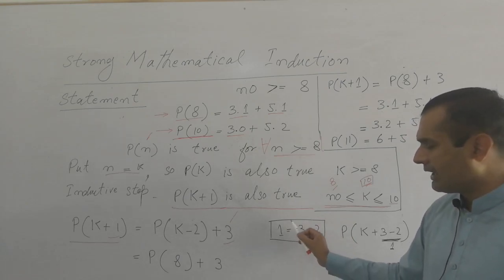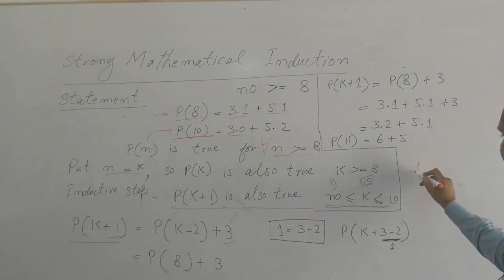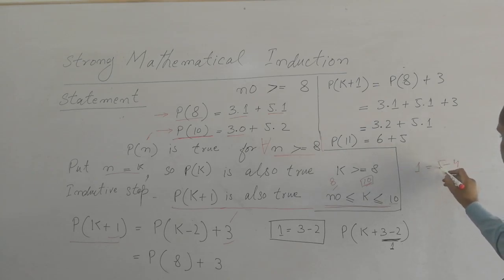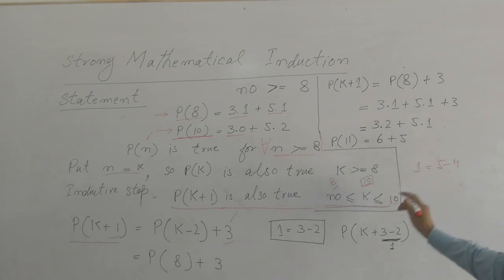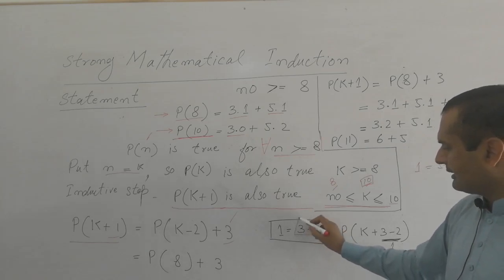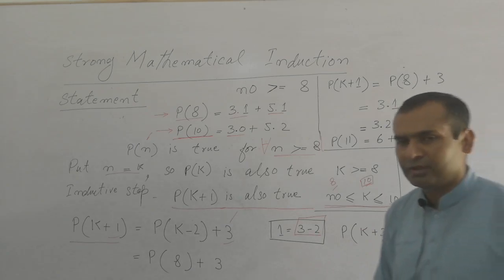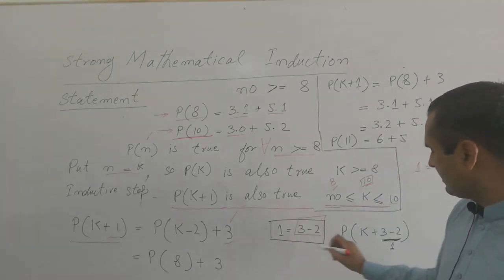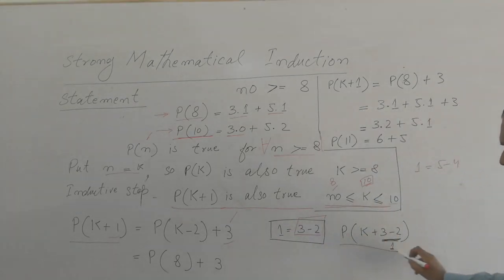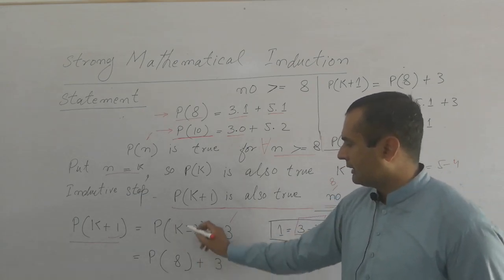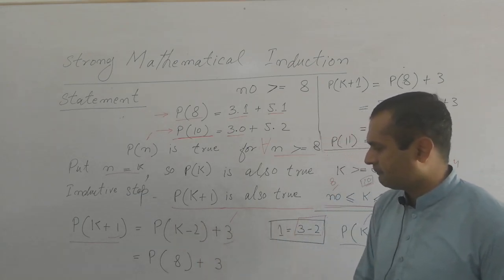I can also write 1 as 5 minus 4, but 3 minus 2 is my desired formation of numbers. So as you can see in this statement, k plus 3 minus 2 is just representing k plus 1. So I took minus 2 with k and I took out 3 over here, so it becomes P of k minus 2 plus 3.